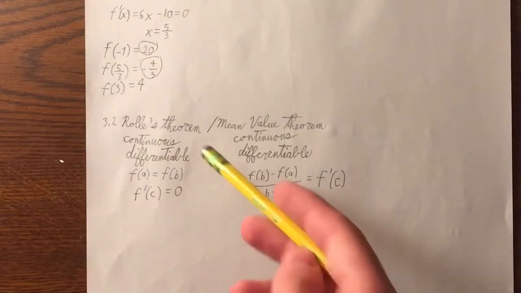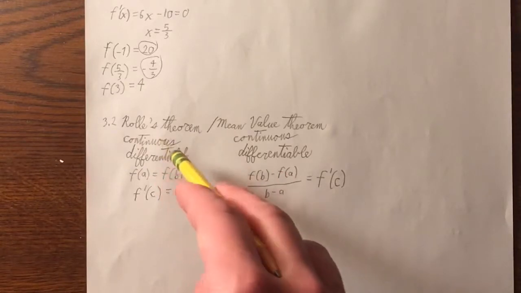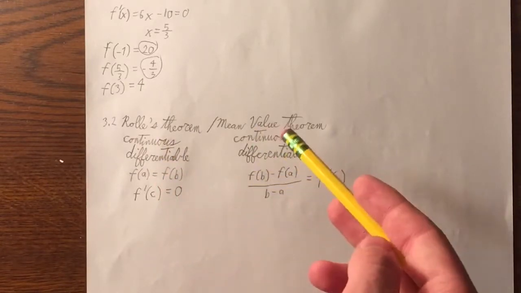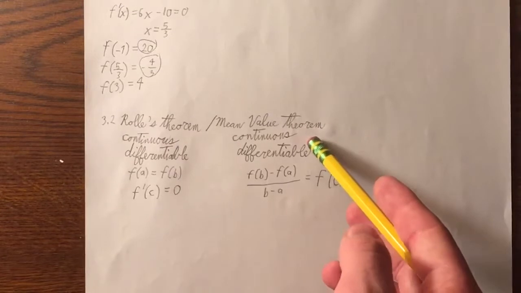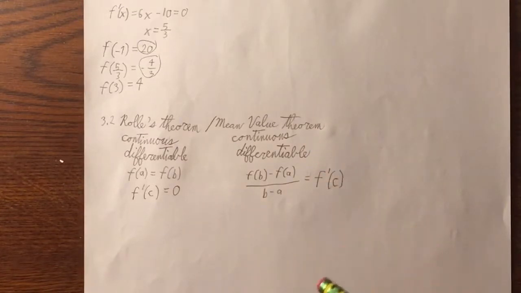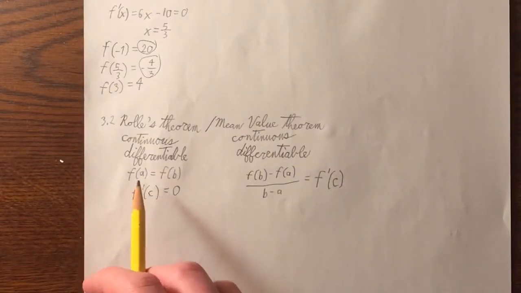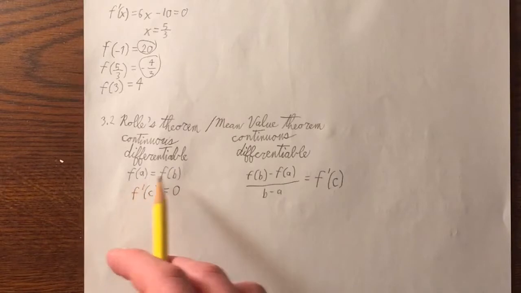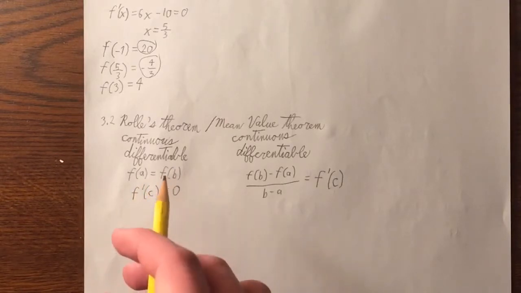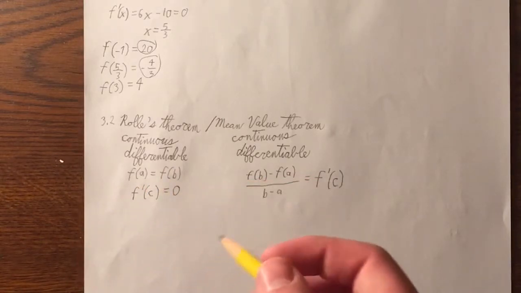Rolle's theorem needs the function to be continuous and differentiable, and that's the same with the mean value theorem, on the interval that you are solving for. With Rolle's theorem, the endpoints of your interval have to have the same y-coordinate.